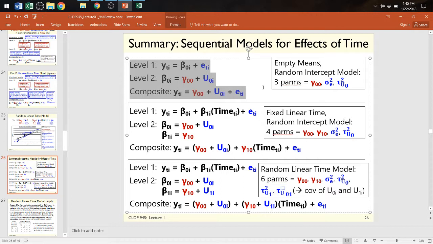I have U0 variance. That's my level 2 random intercept between-person variance that lives in the G matrix. And I have my level 1 E variance that lives in the R matrix, that's within. So I've got 2 levels, 2 kinds of variances, 2 potential pseudo R squares. How much of the between variance did I predict? How much of the within variance did I predict?